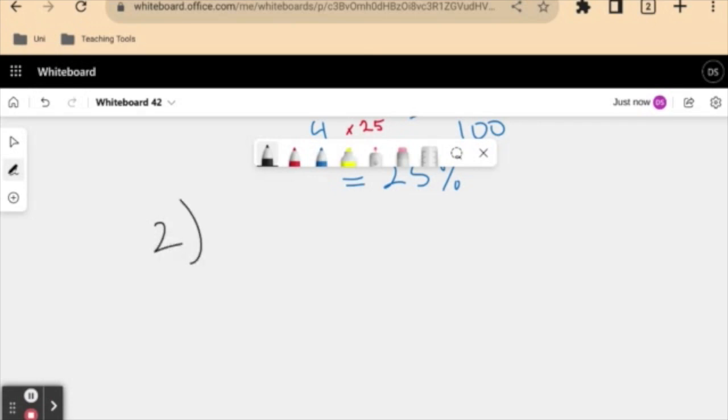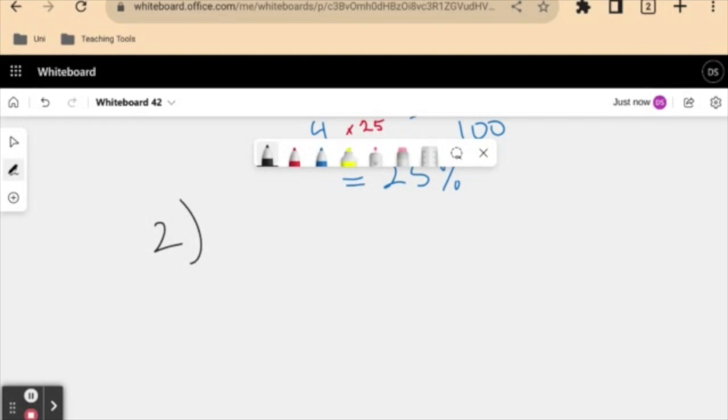So, for example 2, let's look at measurements, because we can express anything as a percentage. Any quantity of another quantity we can represent as a percentage or as a fraction. We can do this with money, with mass, with measurement, length, and anything.